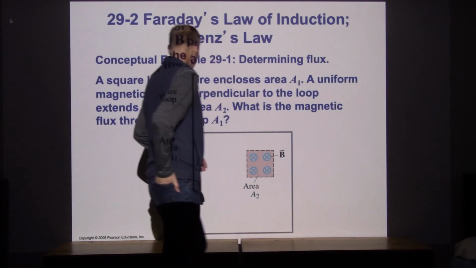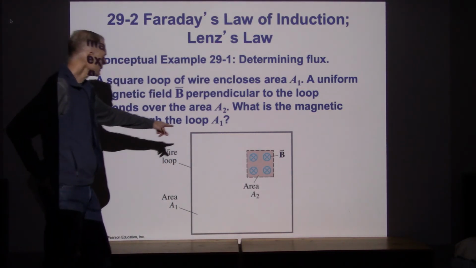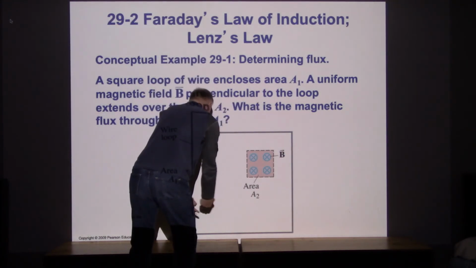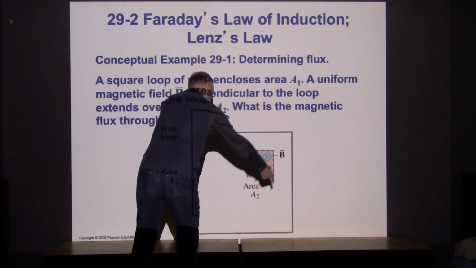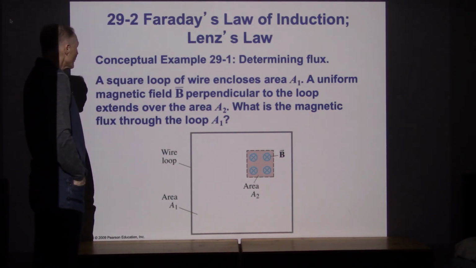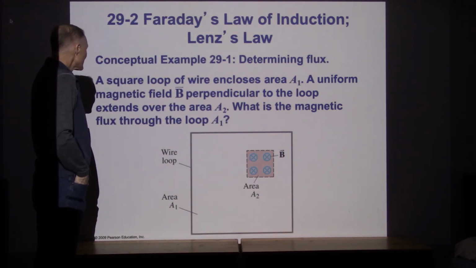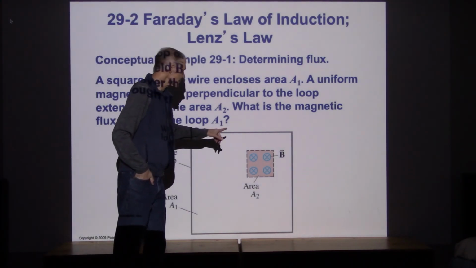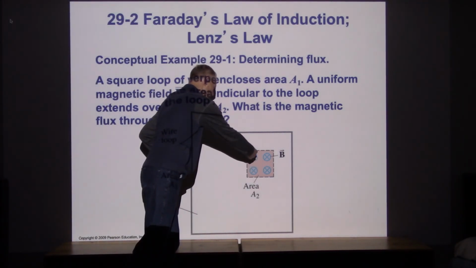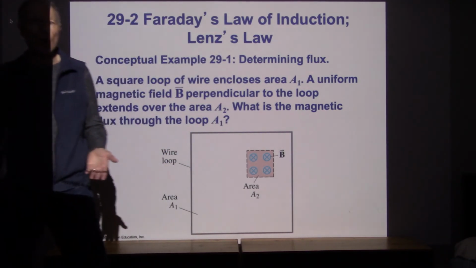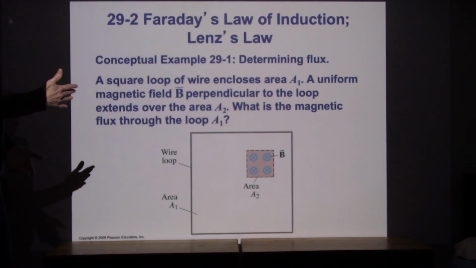So here's a problem. Let's say we have an area A2, and then I've surrounded that with some wiring. So here is some wiring all the way around. And what we want to do is calculate the flux that passes through the wire loop. In this case, the magnetic field is directly into the board, and the area vector is also directly into the board.